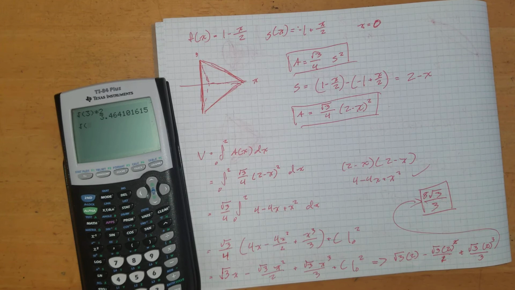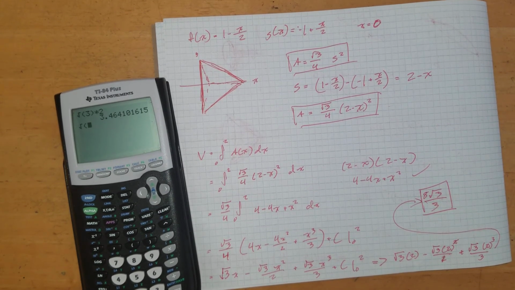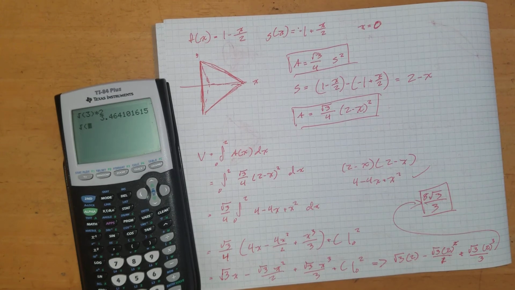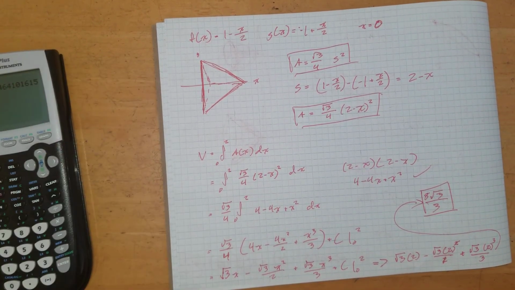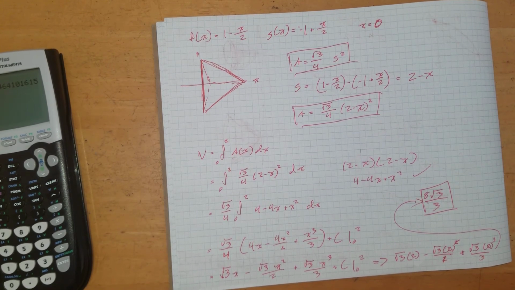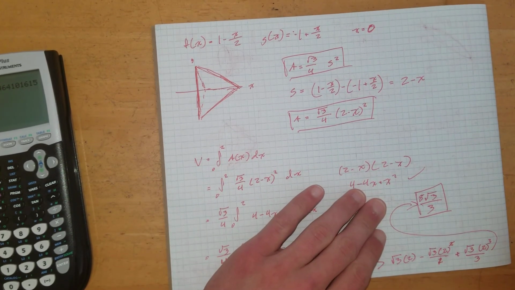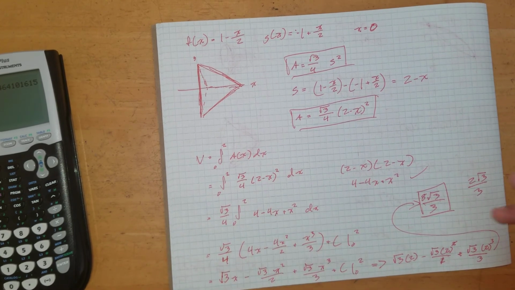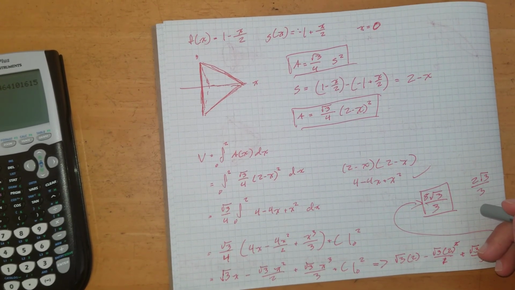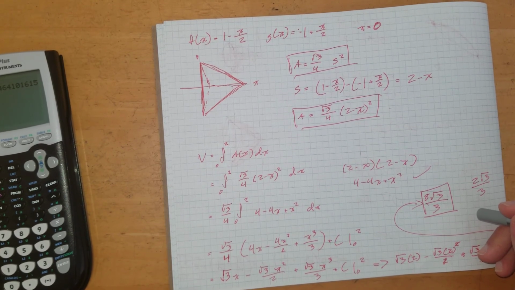I apparently did that wrong. Where did I go wrong? So they use substitution instead of whatever I did. It should come out to 2 square root of 3 over 3. Back and check.